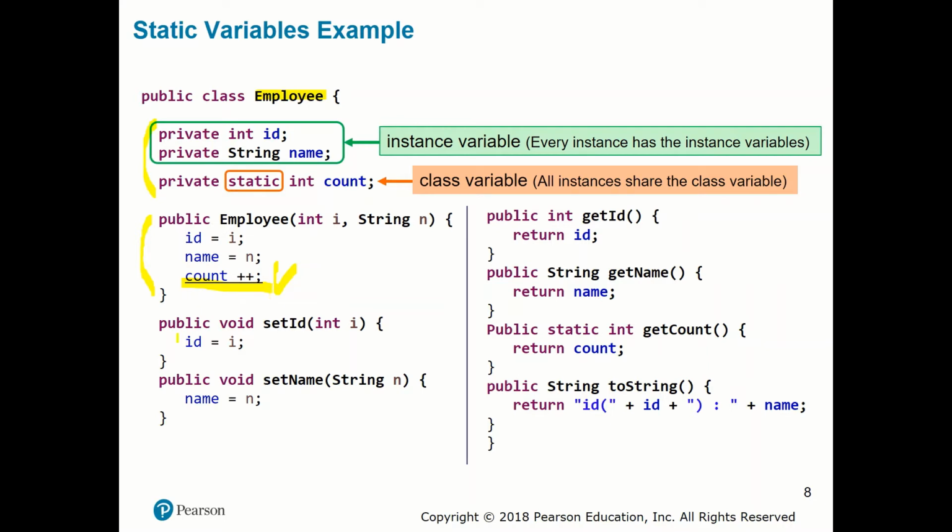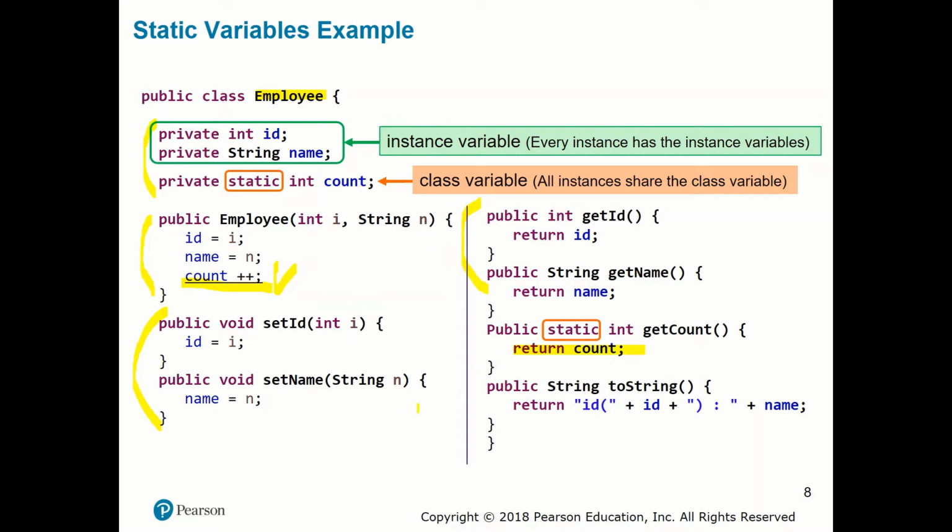And these are the setter methods and getter methods: get ID, get name, set ID, set name. And this is getCount. Here we have static. This method just returns count. getCount will do returning count.